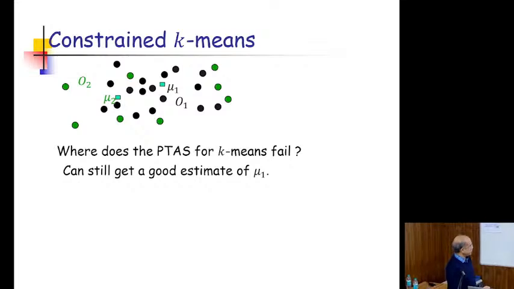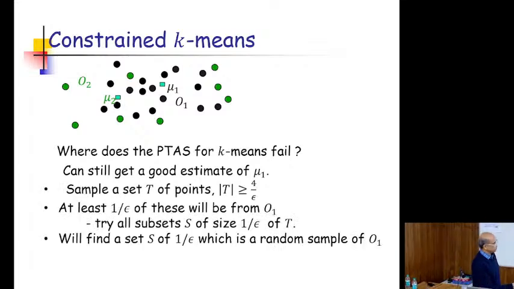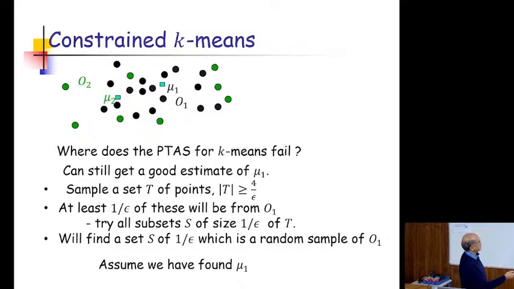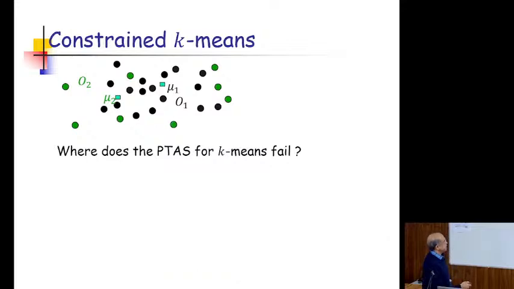So you sample some 1 by epsilon points, and out of these I know that I will get enough samples from O1, and you output its mean. That idea still holds, because if you sample enough points, roughly 1 by epsilon of these will come from O1, and if you take their mean, that will give you a very good estimate of mu1, exactly like before. So no change whatsoever.